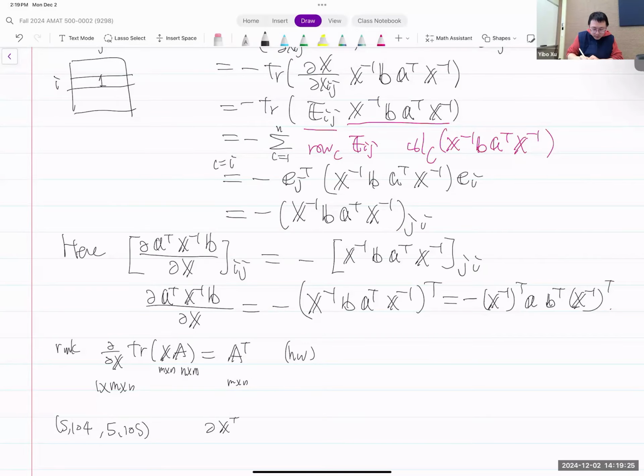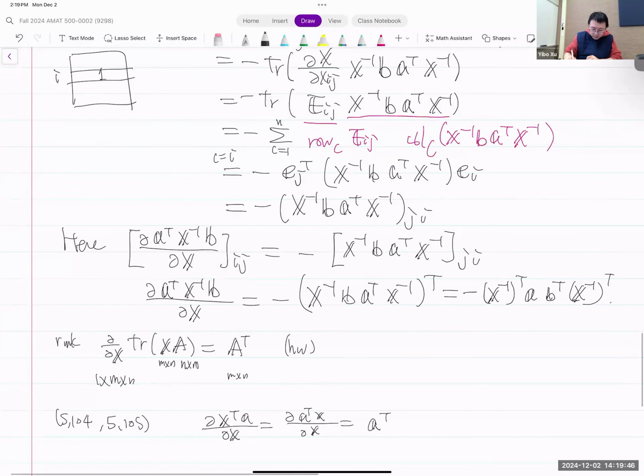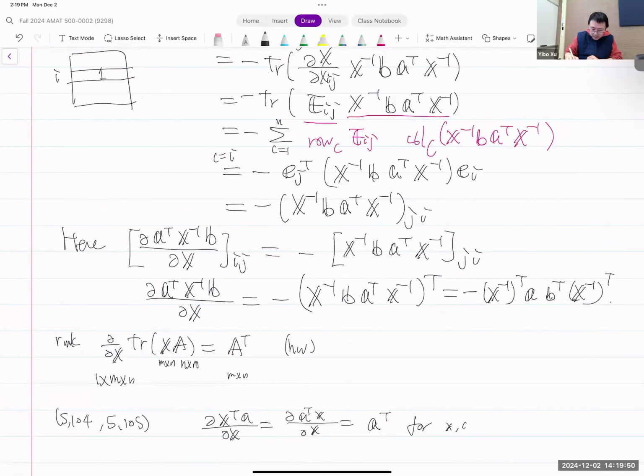So when you have X transpose A for vectors, doing the partial with X, that's the same as the partial of A transpose X, which is just A transpose. This is really straightforward, so we will not do it.